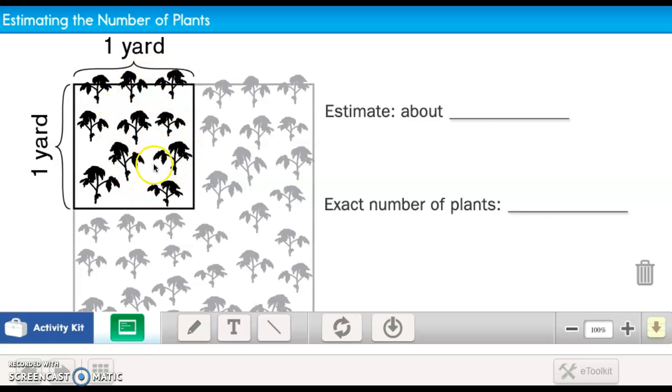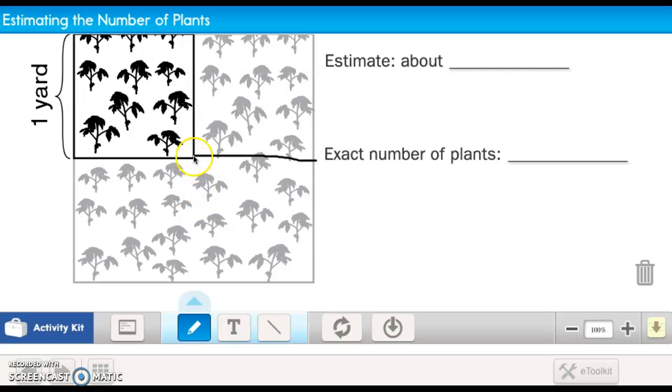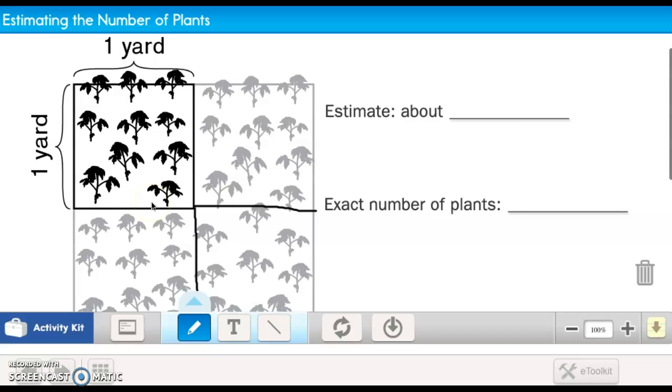tomato plants. So let's just pretend that we bring this little square, and I'm just going to draw another little square over here. Another square here. And look, we cover the whole thing in 4. So if there was 10 in one square, there's probably about 10 in another square.